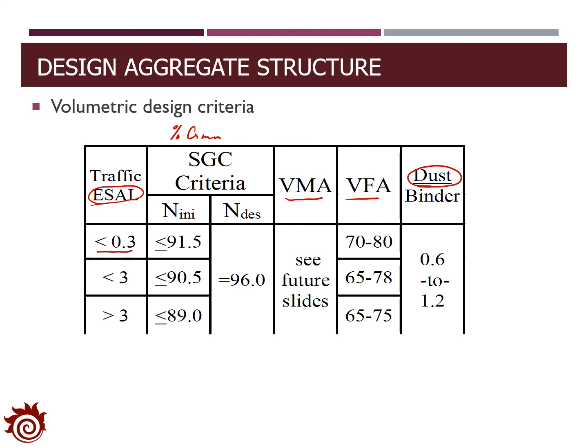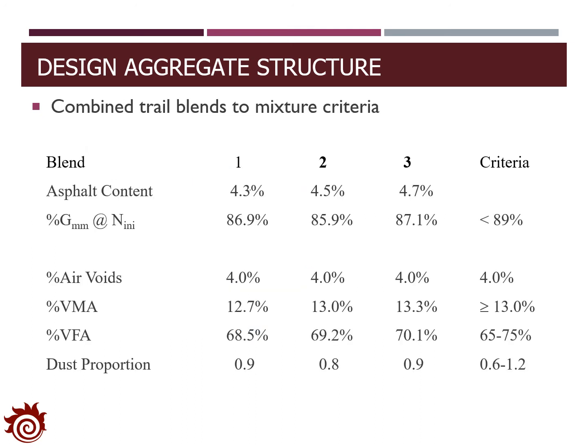We will have more details about the criterion for VMA in the future. For VFA, the value should be around 70 to 80, and for the dust proportion, it should always be between 0.6 and 1.2. Now let's check one example to see how we can use these criteria to identify appropriate aggregate structures from the trial blends.